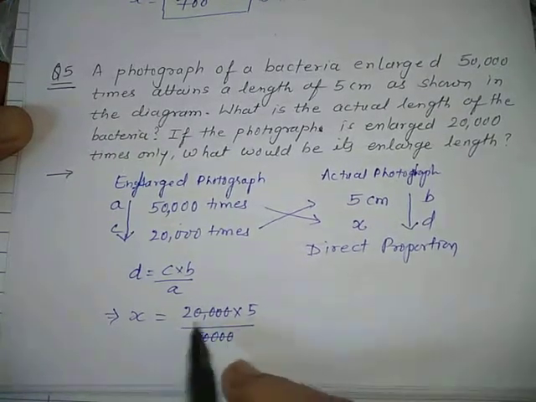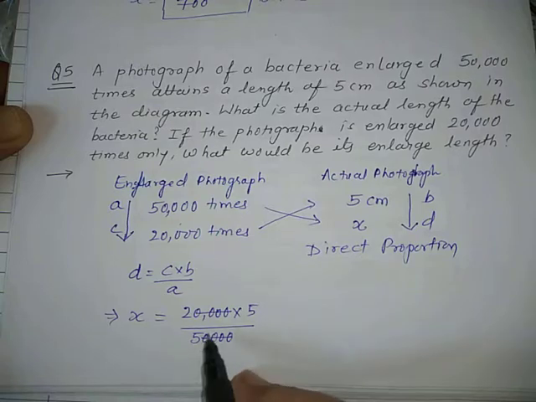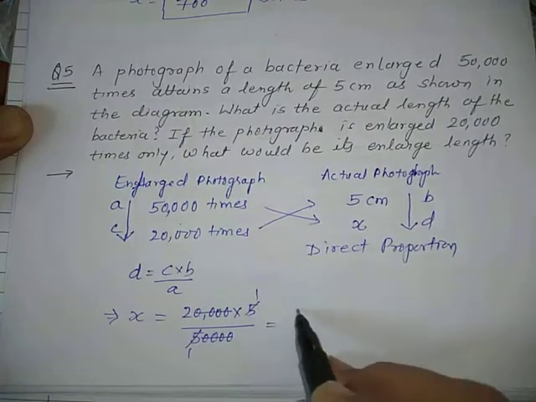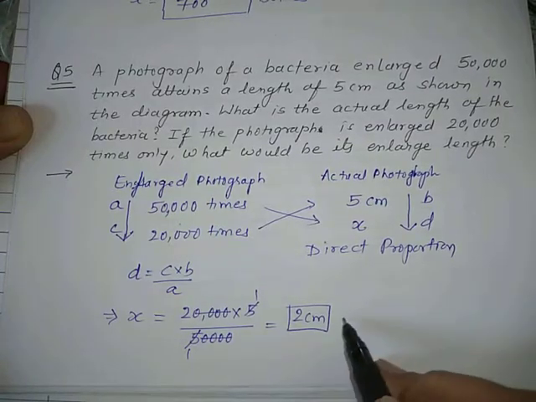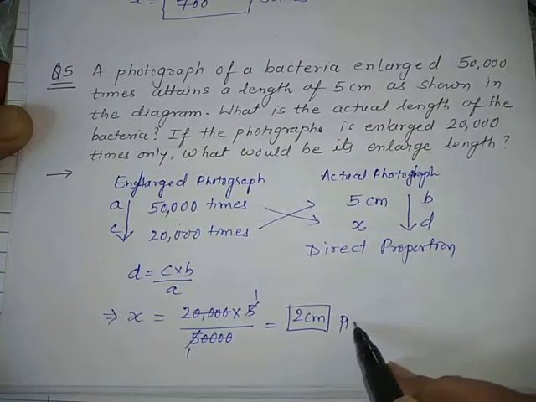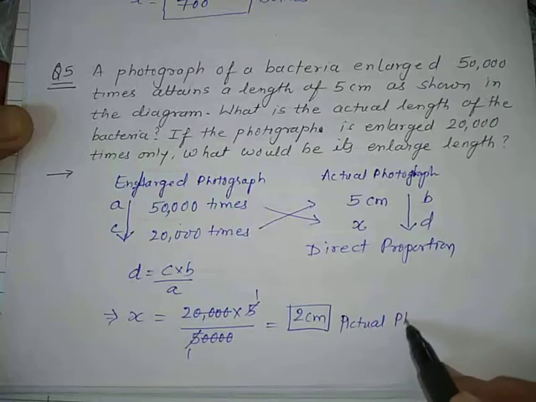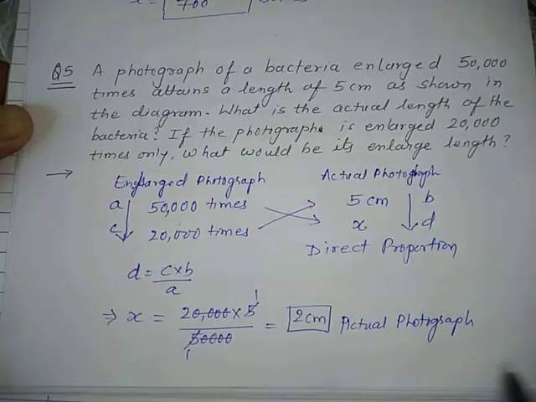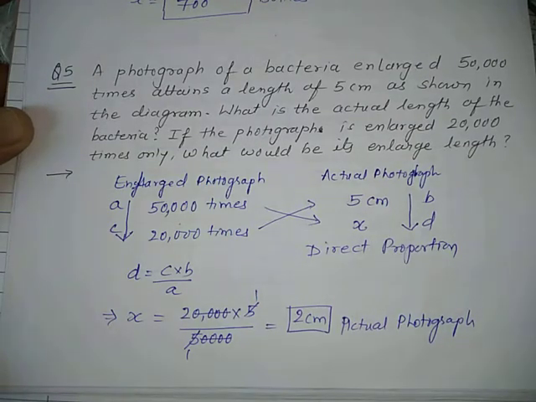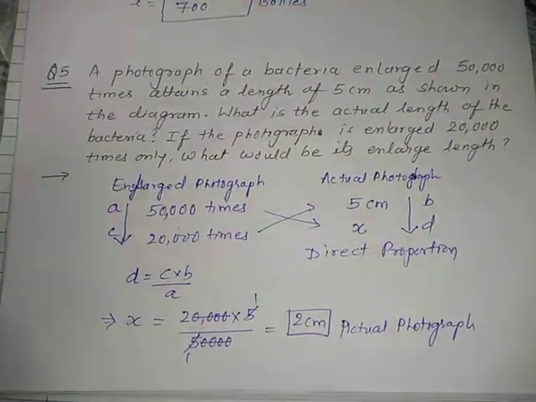So the zeros get cancelled, 2 5s are 5, 5 is also getting cancelled, so 2 centimeter. Okay, the actual length of the bacteria.